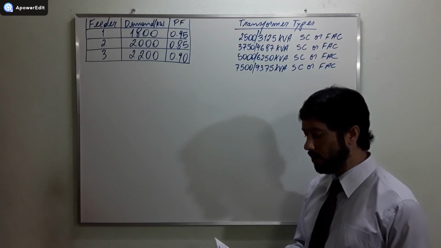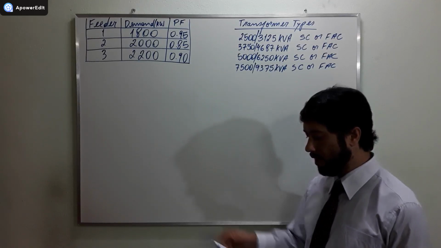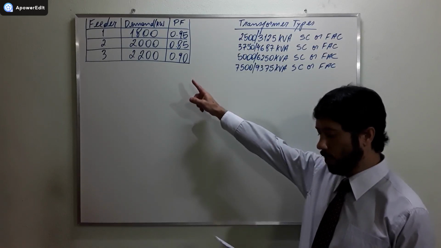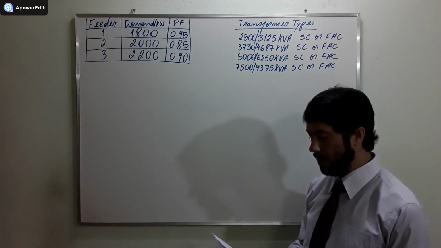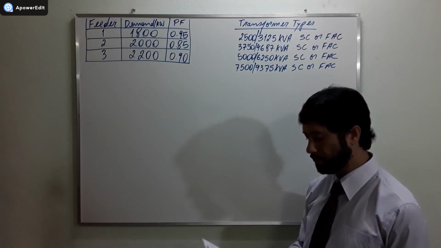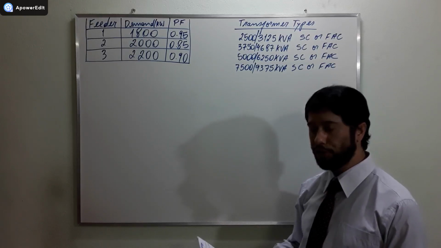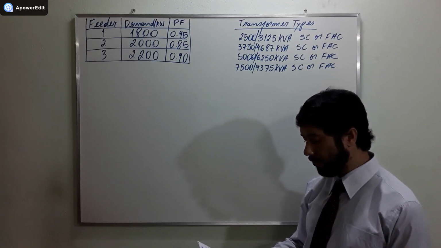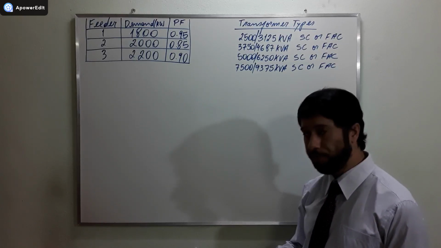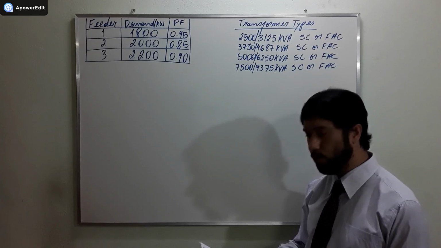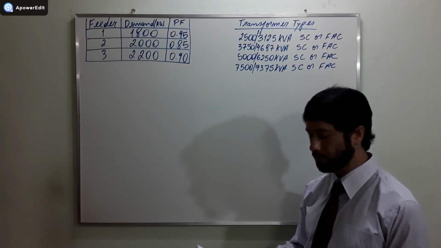The 30-minute annual maximum demands per feeder are listed in the table together with the power factor at the time of annual peak load. So these are the values. Assume a diversity factor of 1.15 among the 3 feeders for both real power P and reactive power Q.